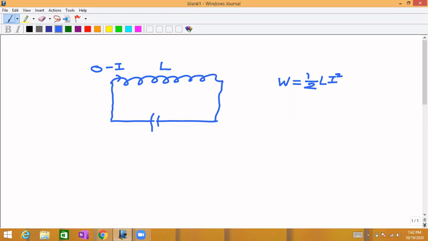So this energy is stored in the magnetic field. Now, I want to find the expression of this energy in a different way. How? Let me see.